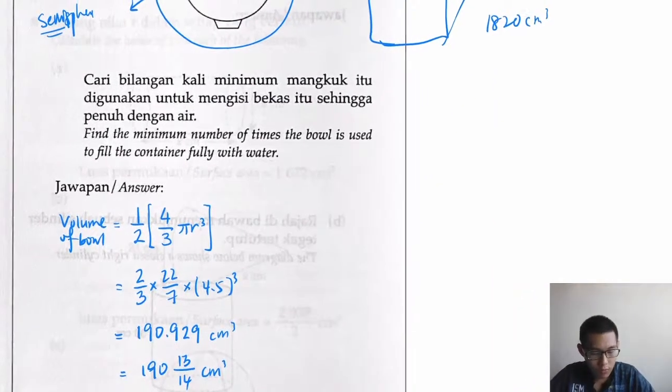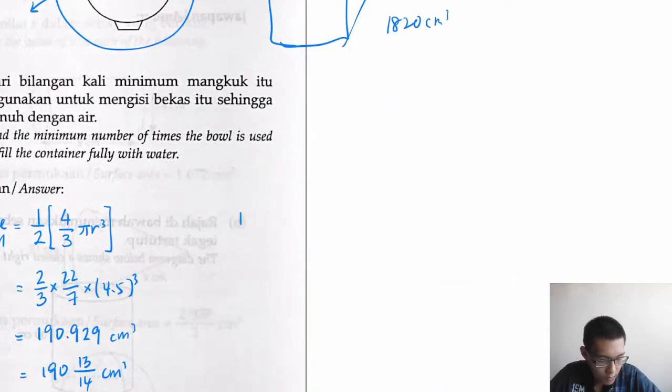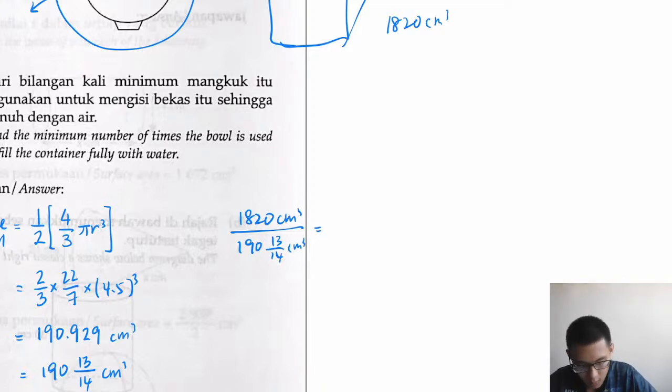Next, we use this to fill up 1820 cm cube. For this 190 and 13 over 14 cm cube, how many bowls we need? 1820 divided by 190 and 13 over 14.